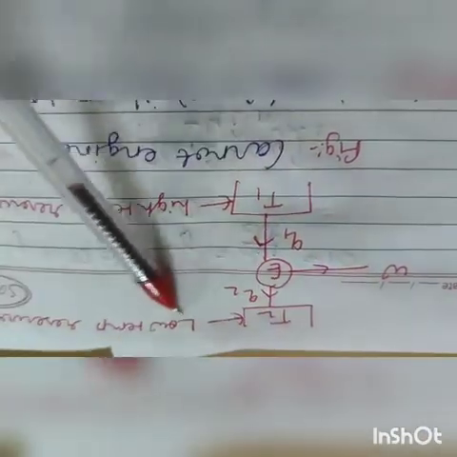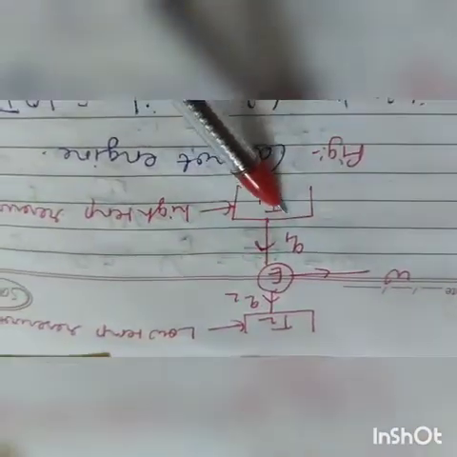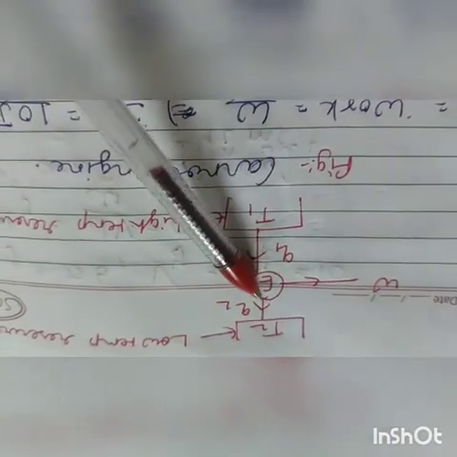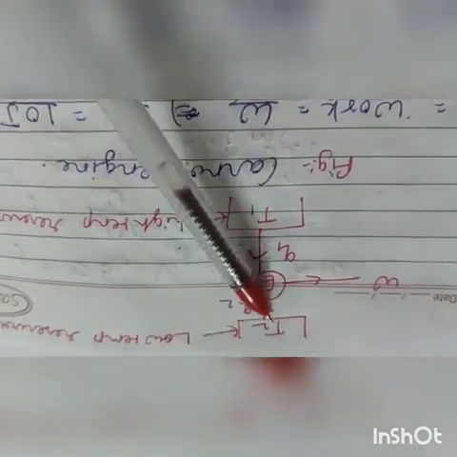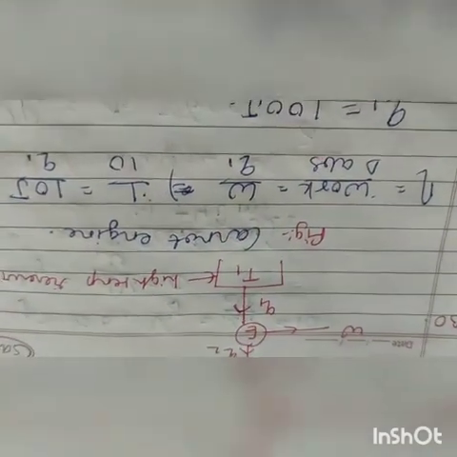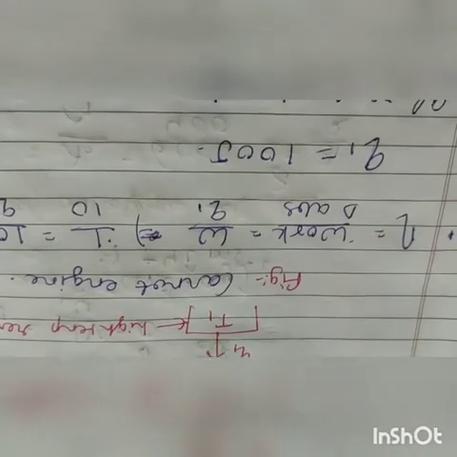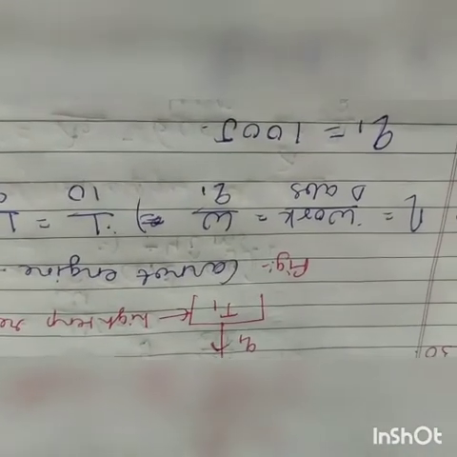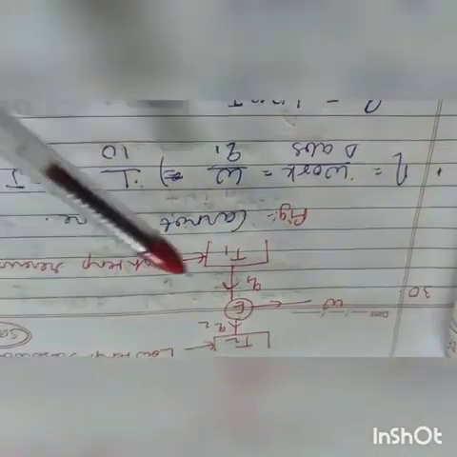Now question number 30. A Carnot engine having an efficiency of 1 by 10 as a heat engine is used as a refrigerator. If the work done on the system is 10 joule, the amount of energy absorbed from the reservoir at a lower temperature is. So this is a Carnot engine, where this is for low temperature and this is for high temperature. It absorbs heat from one and gives heat to the other. We know that the efficiency of a Carnot engine is work done by heat absorbed, where Q1 is the heat absorbed.